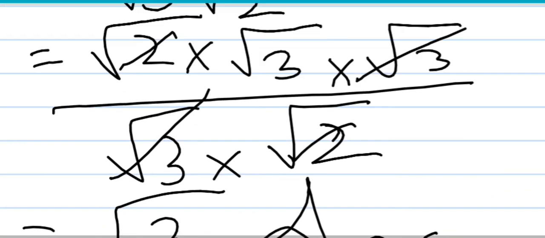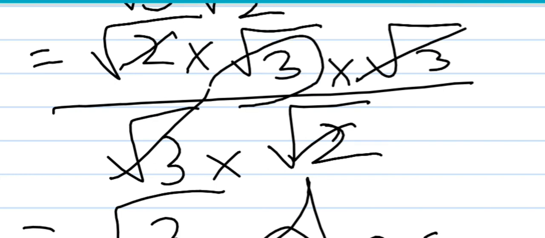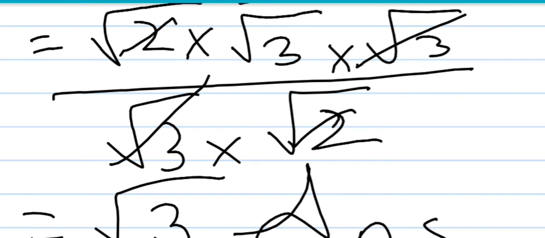Now I'm giving you the reason. This will remain. So if this remains, this will become the simplest answer. And if we do it in the square, it will cut off with this and it will remain 3, and it will become 3 under root 3 divided by under root 3.